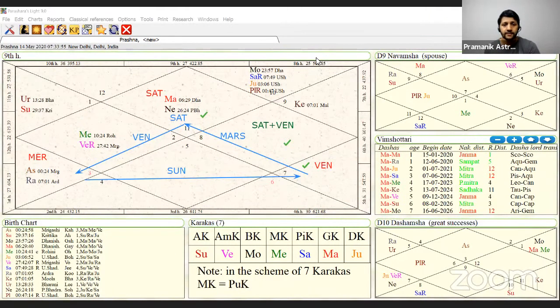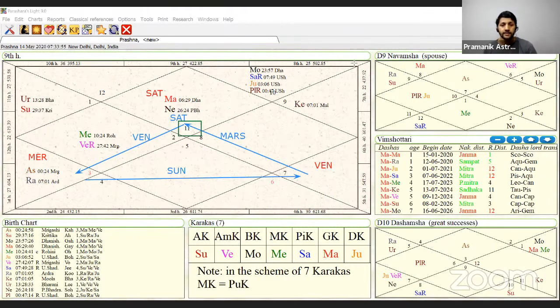So the Saturn will give good result for Aquarius ascendant. Why? Because it is ruling the Lagna. When a planet is ruling a Lagna, it becomes the most benefic planet for that Lagna, no matter what house it rules.